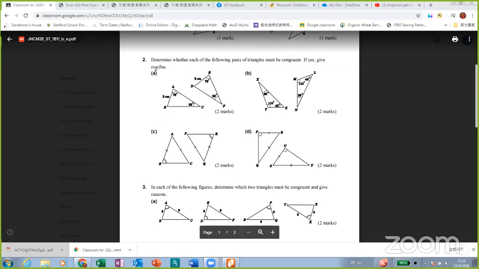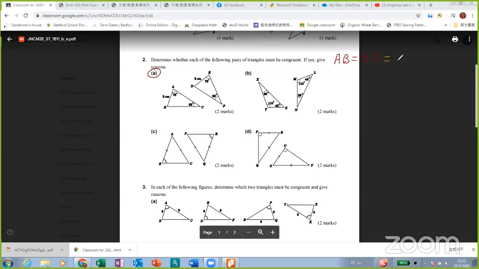Now, in this case, I want you to learn how to write the steps in detail. I'm still talking about question 2A. Usually we need to tell people what we have. We have AB equals ED. Can you see here? Maybe I change to another pen.